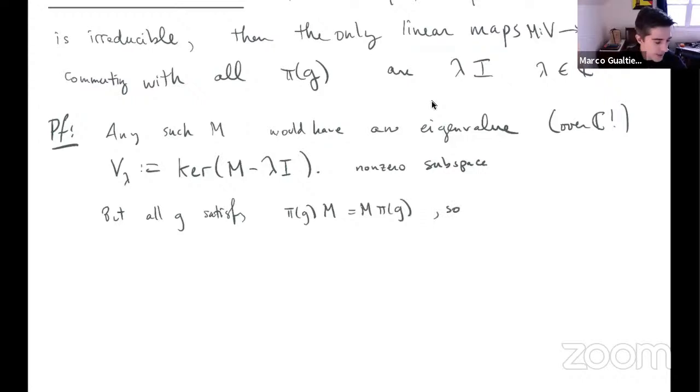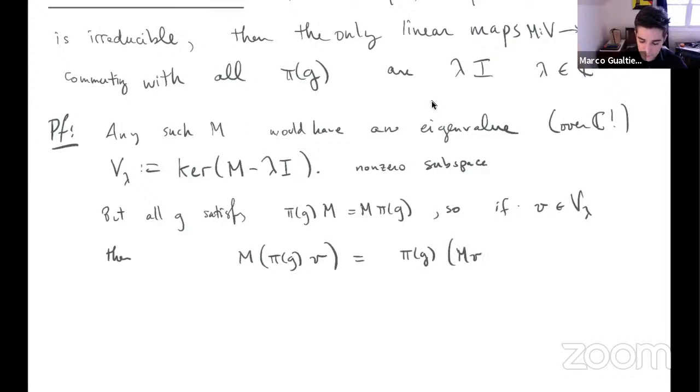So, for example, if V is in V lambda, if it's an eigenvector for lambda, then pi of G V is an eigenvector itself.